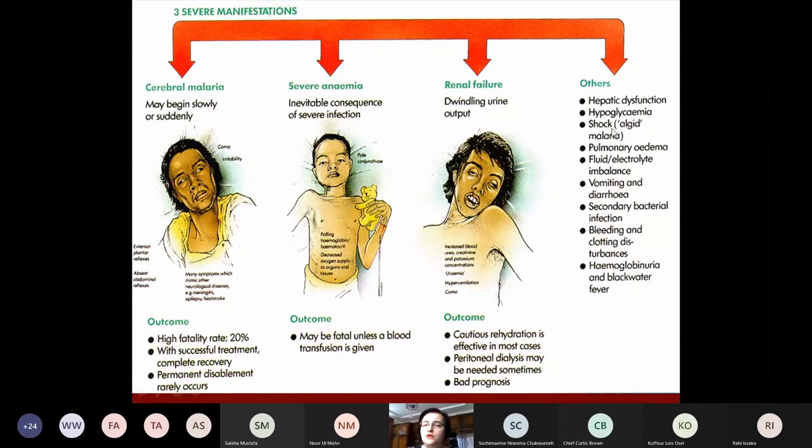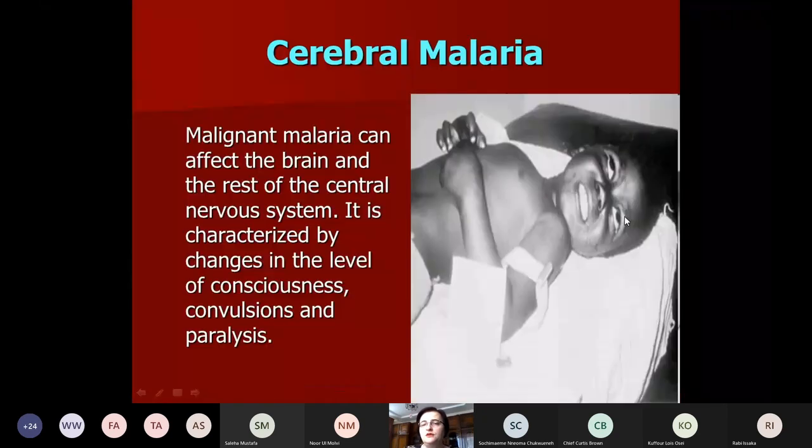Also there can be hepatic dysfunction, hypoglycemia, shock, pulmonary edema or respiratory distress syndrome, fluid and electrolyte imbalance, vomiting, diarrhea, secondary bacterial infection, bleeding and clotting disturbance, and hemoglobinuria, in other words black water fever, which we will speak about a little later.